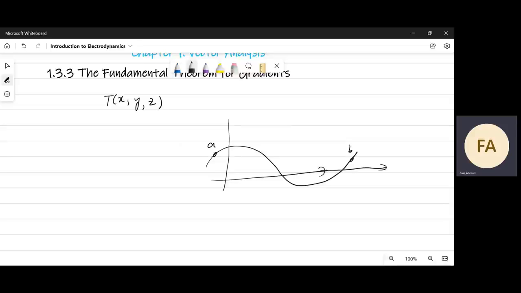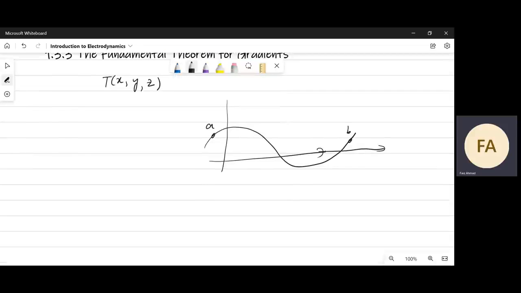So if we divide this line into smaller patches, say this patch, we are going to call it dl1.